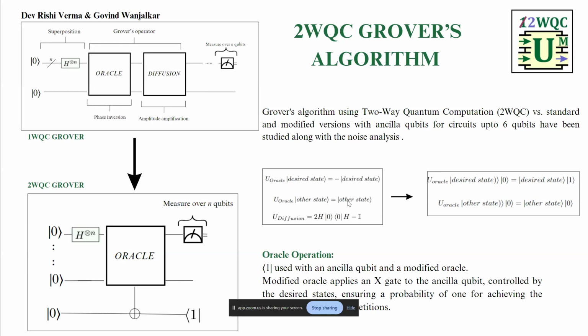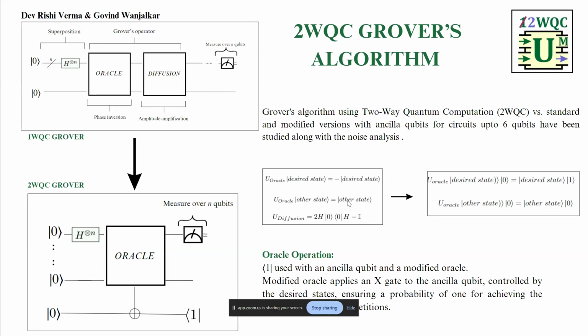So we'll be starting off with a basic circuit, on the top left, of a Grover algorithm. It involves these three steps: first the superposition, then implementing the oracle, and diffusion, which takes place some root n times, which is the complexity in which the standard Grover algorithm operates.